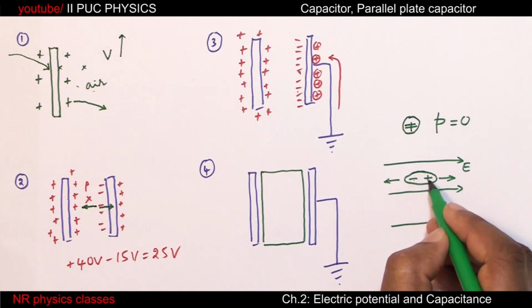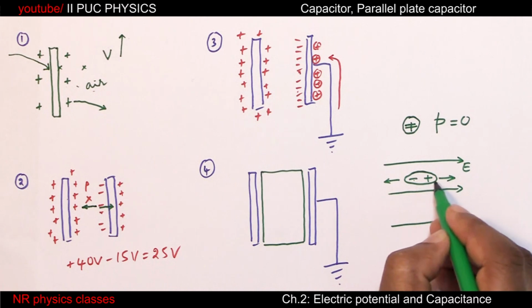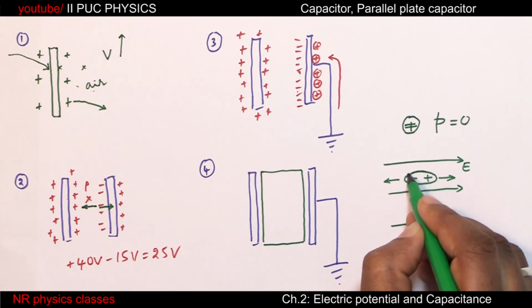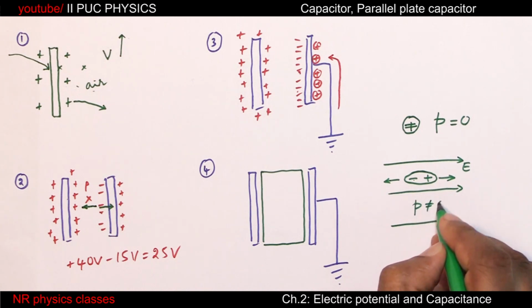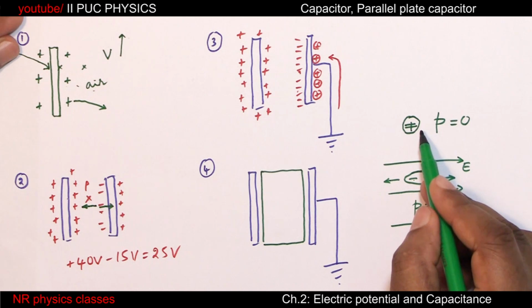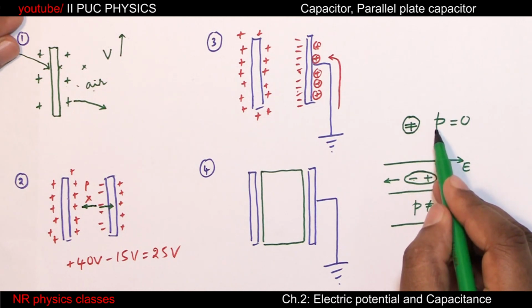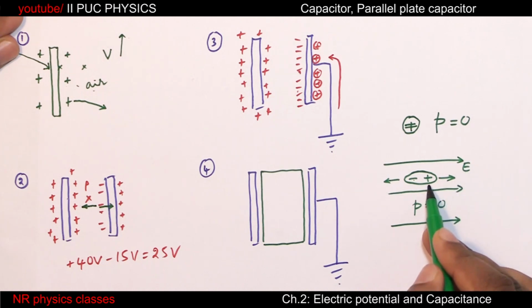There is separation of charges. Two equal and opposite charges separated by a small distance constitute an electric dipole, and here the electric dipole moment is not equal to 0. Means in the absence of electric field, there is no dipole moment. Because of electric field, dipole moment is created.